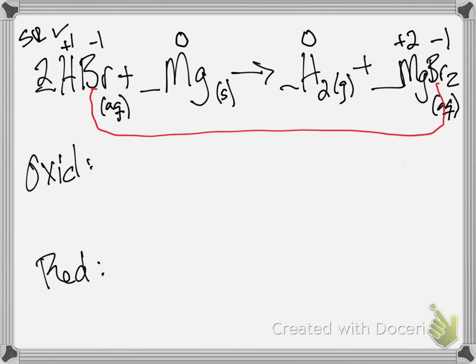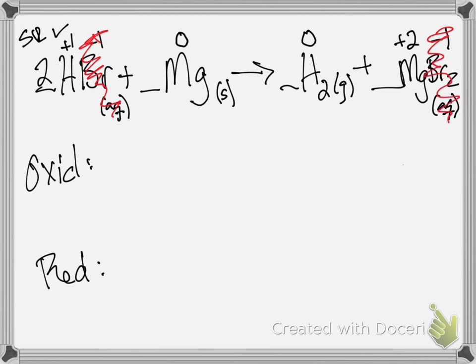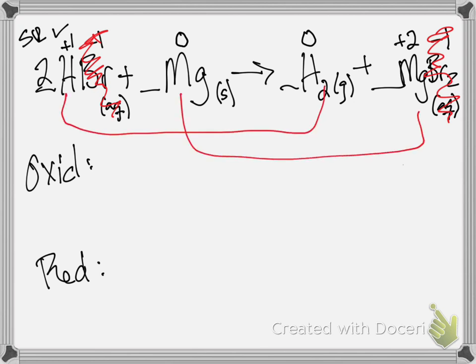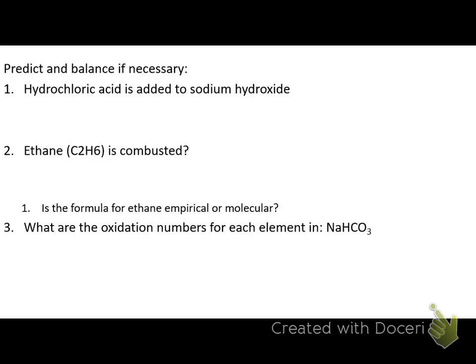See how it's exactly the same? Which means that it isn't really used. It's kind of just along for the ride. Now, it's still important, but it doesn't really do much, okay? What we should be looking at is my hydrogen and my magnesium, right? So I'm going to let you go and practice.